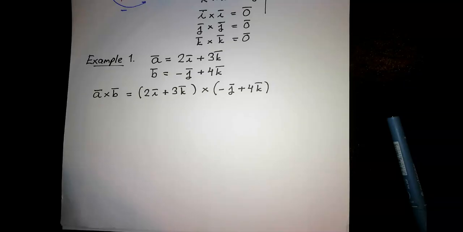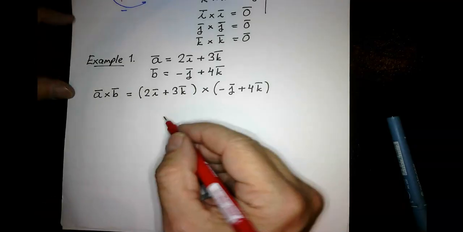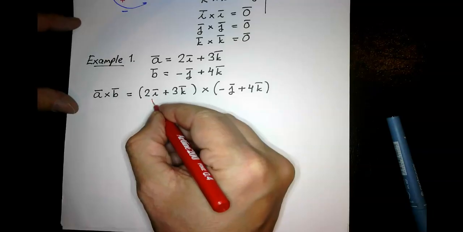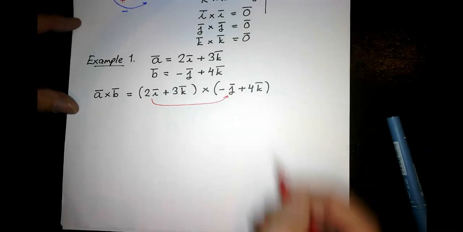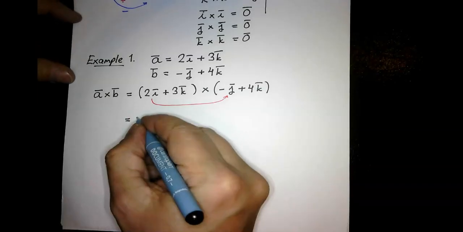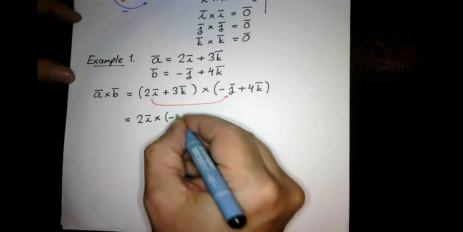This is a very easy method. This is exactly like we did in algebra course, or you have done in your life many times. I will multiply these by multiplying first these two here. So that will be 2i cross minus j.